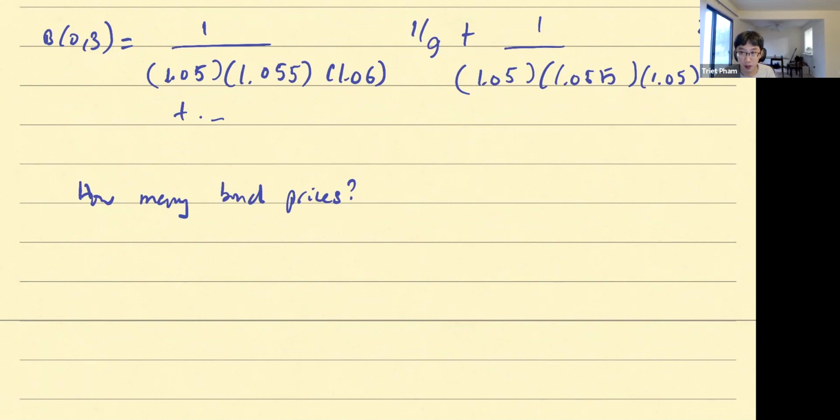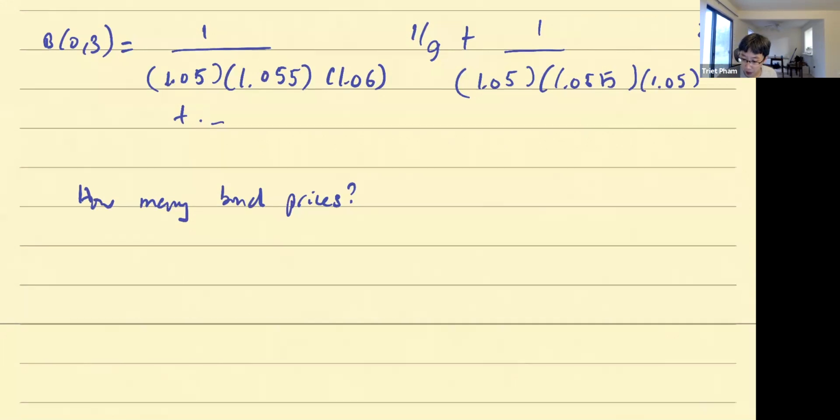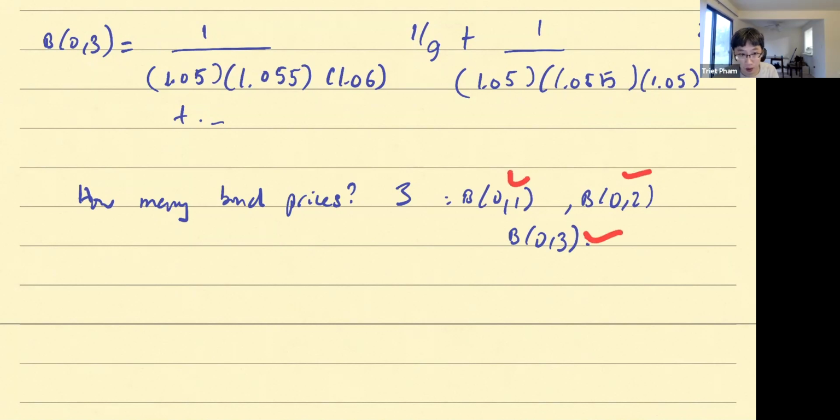How many bonds do we get out of this market, out of this model? 3, right? B01, B02, B03, right? Now, these, right, you understand, can be read off from the market, right? You can look at the bond price with 1 year in maturity, 2 year maturity, 3 years in maturity, right?